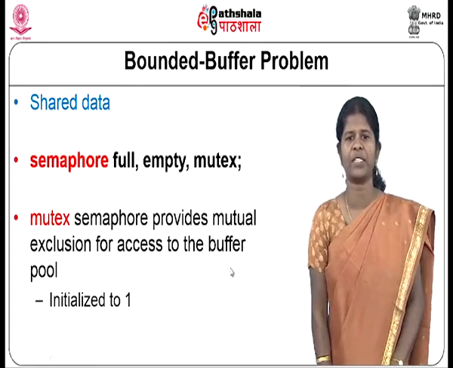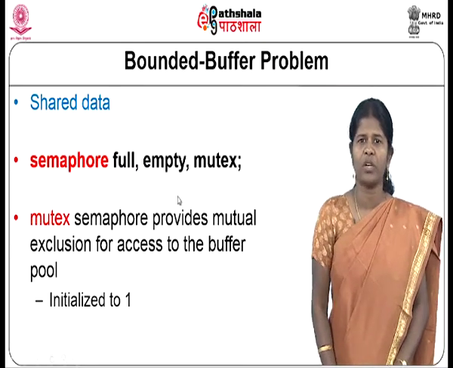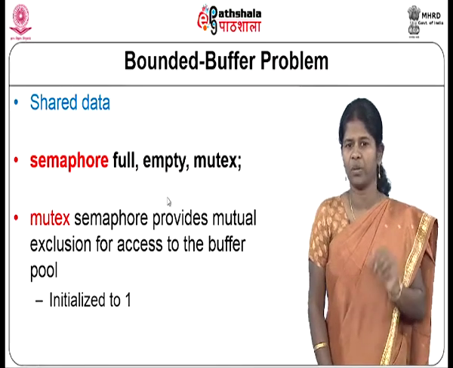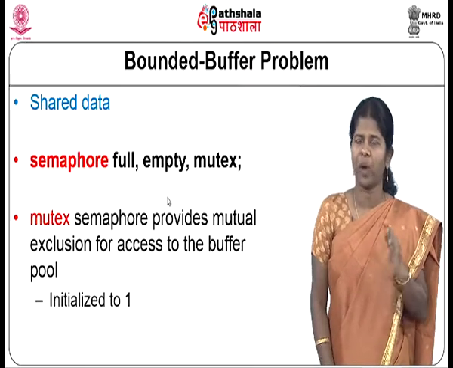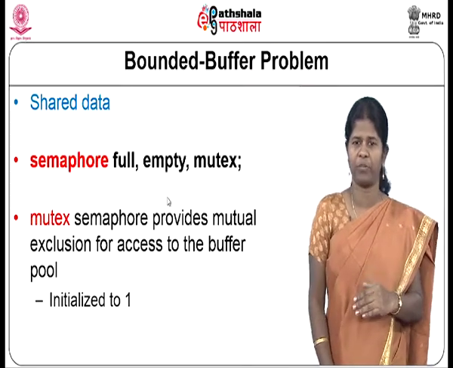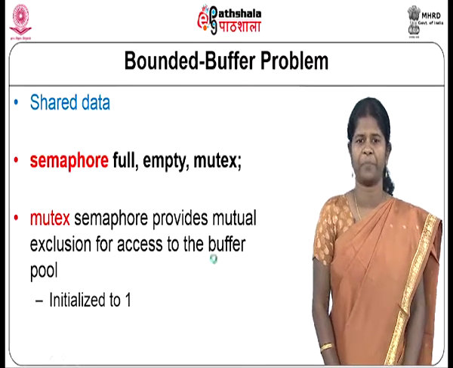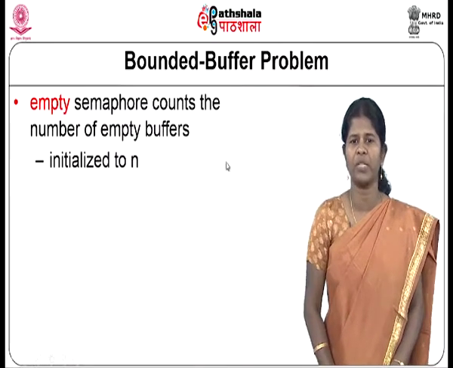Initially it is initialized to 1. Why is it initialized to 1? Because only one process can access the buffer at a particular time. So, mutex is safeguarding this buffer pool, and hence its initial value is set to 1. And now we have two more semaphores, the empty and the full semaphore.